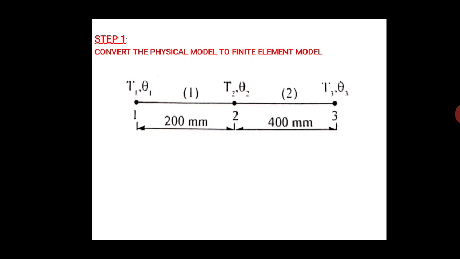At node 1, the torque is T1 and the angular twist is theta 1; at node 2, the torque is T2 and the angular displacement is theta 2; and at node 3, T3 and theta 3. The first element has a length of 200 mm and the second element a length of 400 mm.